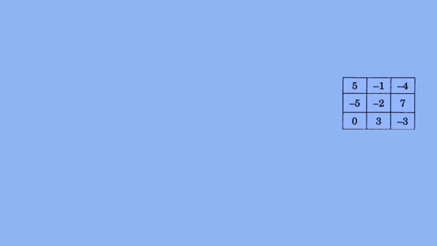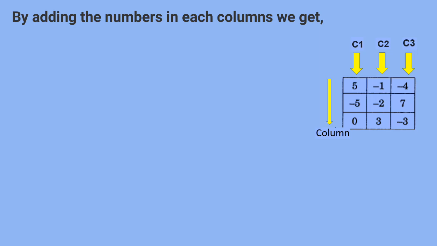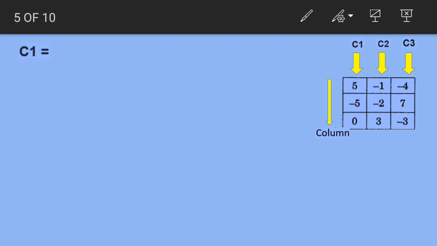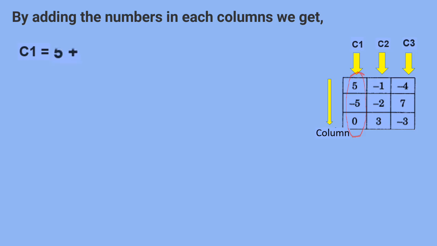Next I am going to check for the column. This is column C1, C2 and this is C3. Now I am going to add and find out the sum for C1. Column means I will take like this, 5 plus minus 5 plus 0.